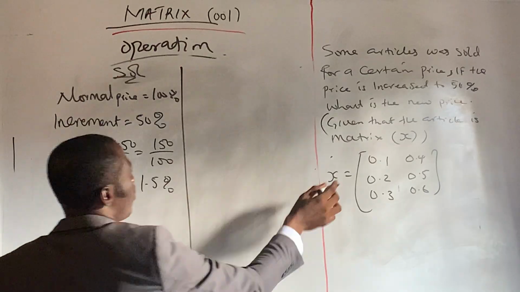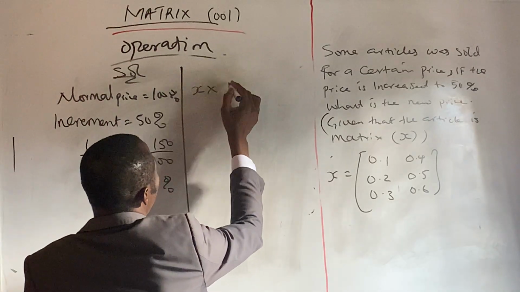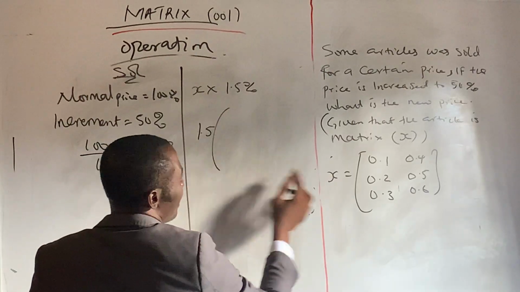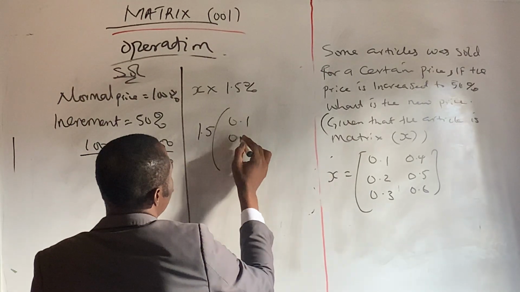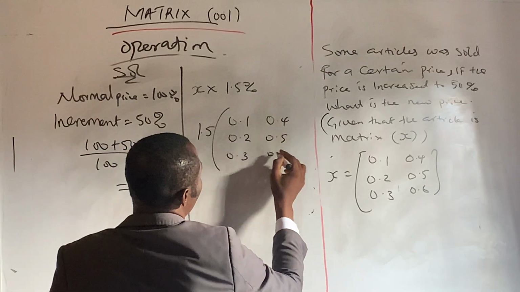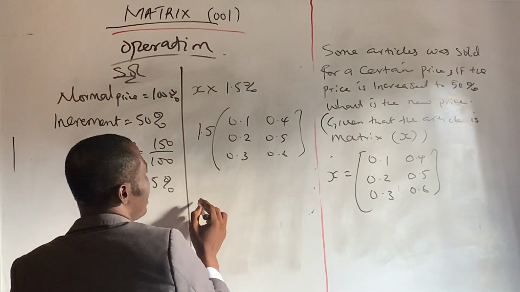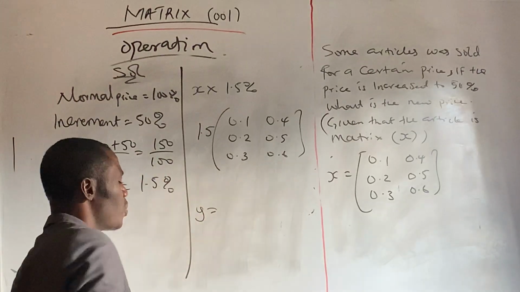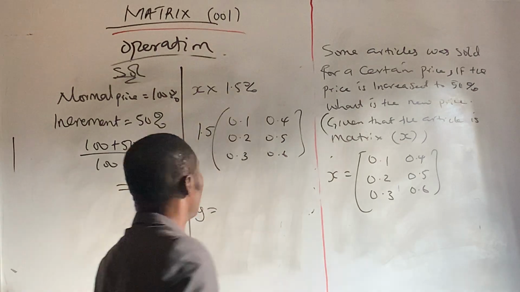So I will multiply X by 1.5, so 1.5 times X, which is 0.1, 0.2, 0.3, 0.4, 0.5, 0.6. So what is my new price? The new price, let's call it y.